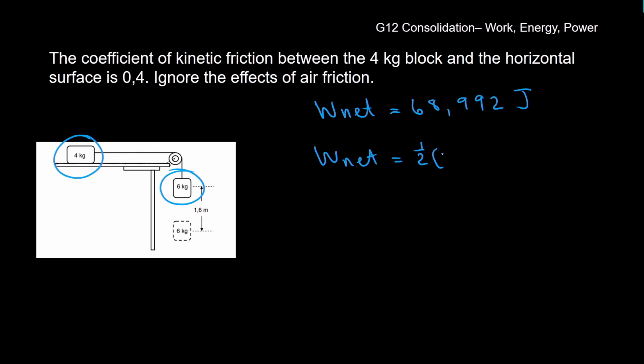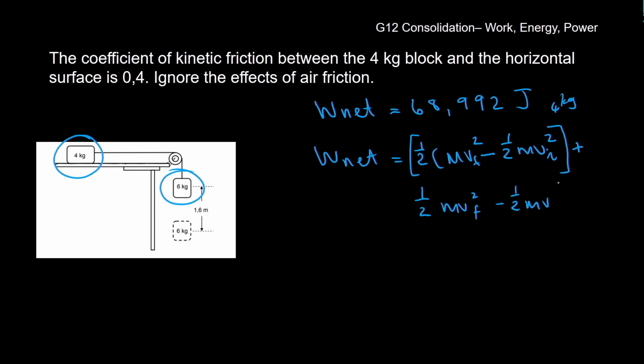So the first one, let me just write out the formula first: a half mv squared final, minus a half mv squared initial, of the block 4, so the 4 kilogram block, plus, I'm running out of space, I'll write it here, a half mv squared final minus a half mv squared initial, that is for the 6 kilogram block.